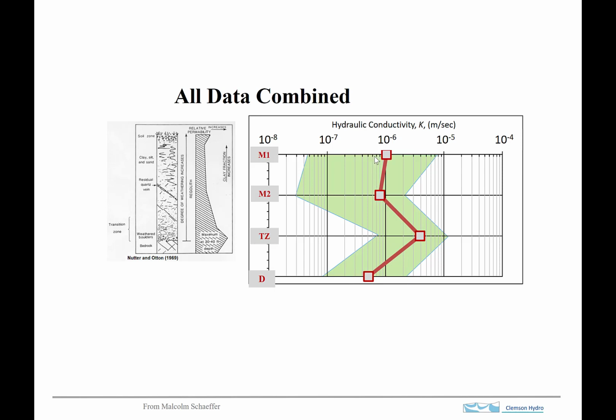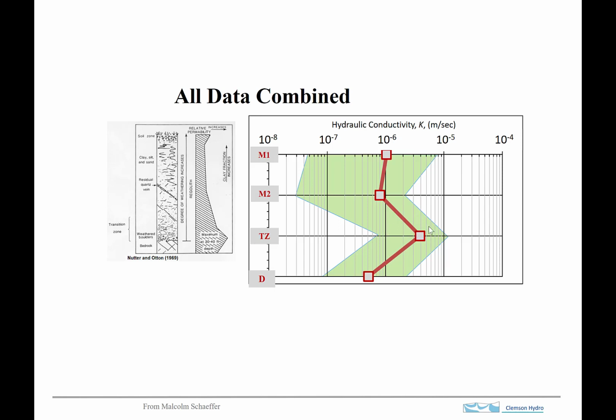And then as you get to shallower depths, it's a bit more than an order of magnitude because the envelope has this low end defined by the one or two sites there for the plutonic rocks. But nevertheless, what we see is that 10 to the minus 6 is a pretty good estimate of the average hydraulic connectivity. And on average, the transition zone is a bit higher hydraulic connectivity, maybe 3 to 4 times 10 to the minus 6 meters per second for the average hydraulic connectivity.